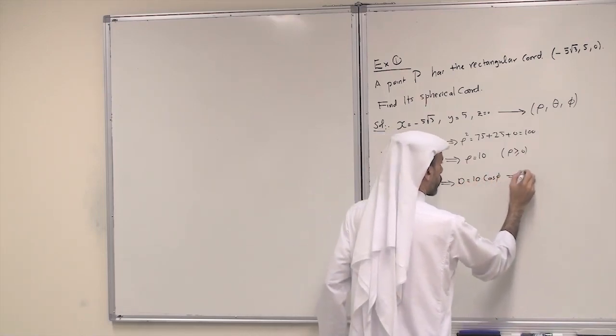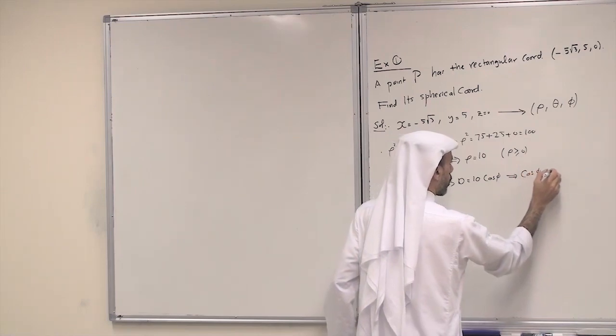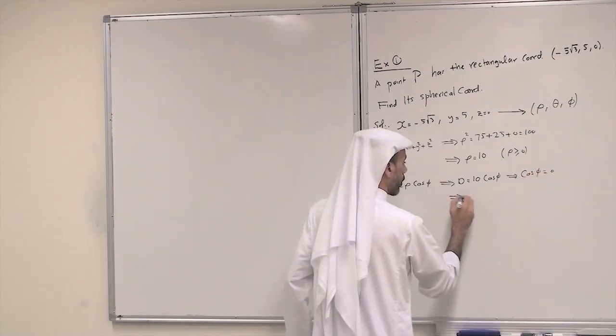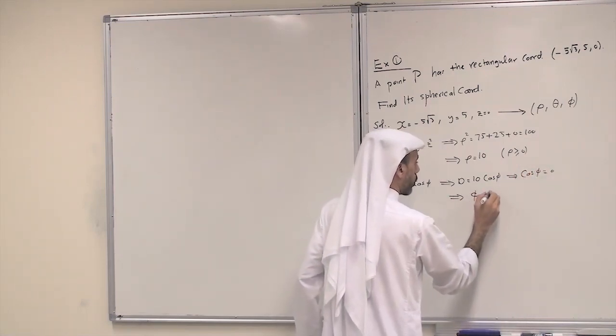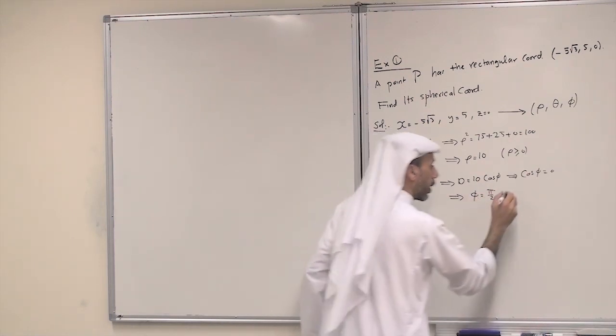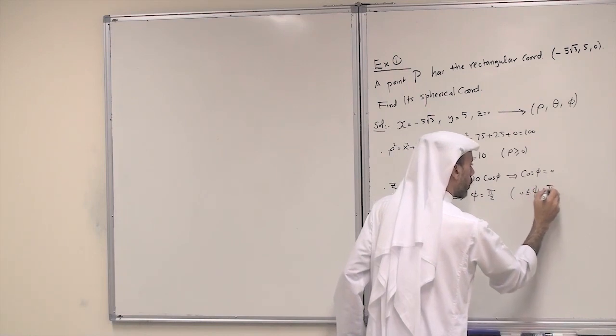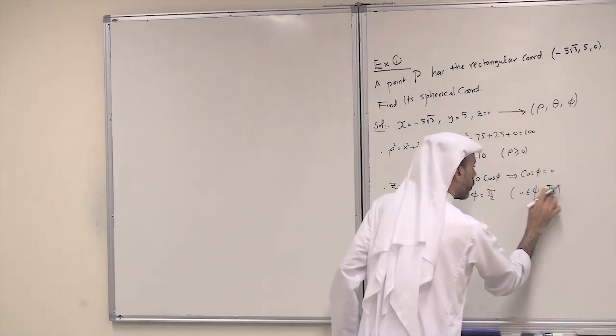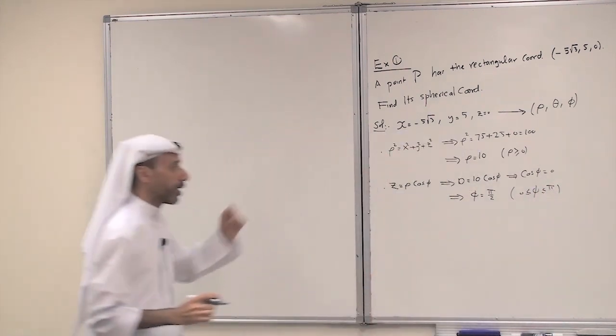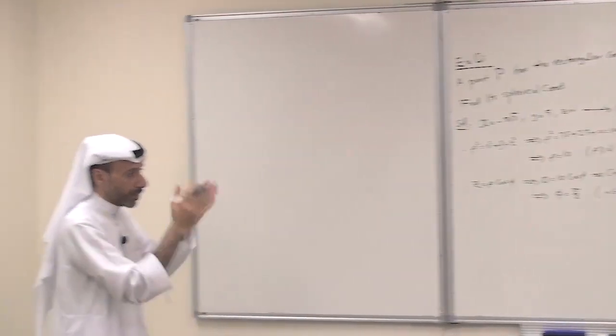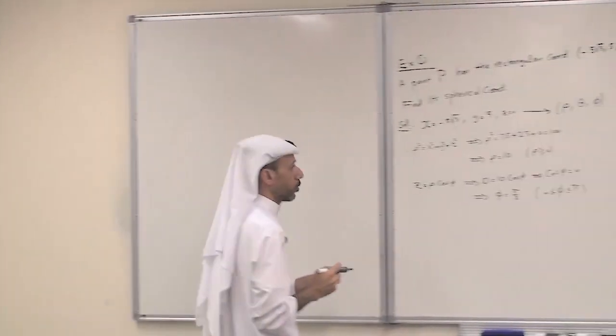This gives us cosine phi equal to 0, and hence phi equals pi over 2. Again, since phi is between 0 and pi, the angle whose cosine is 0 in this range is pi over 2.